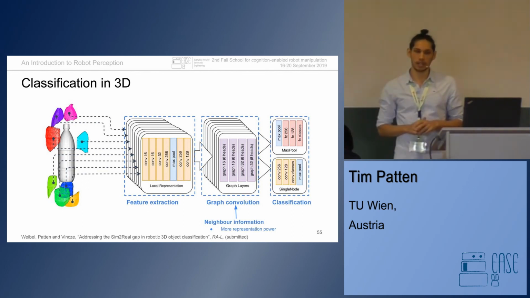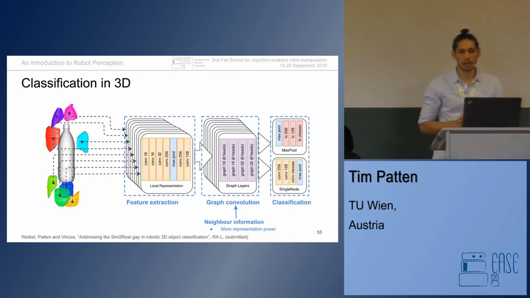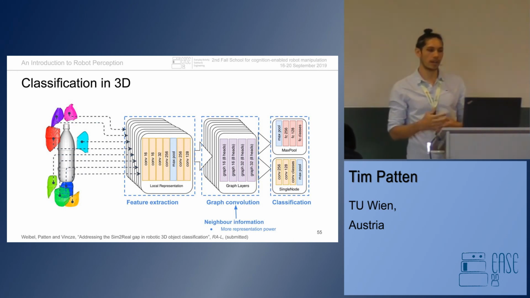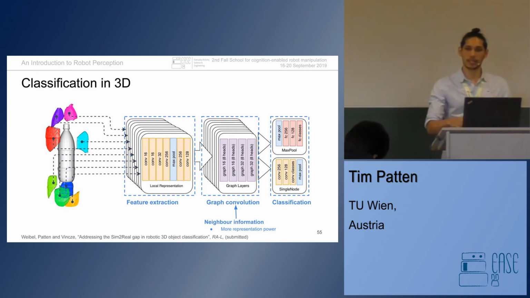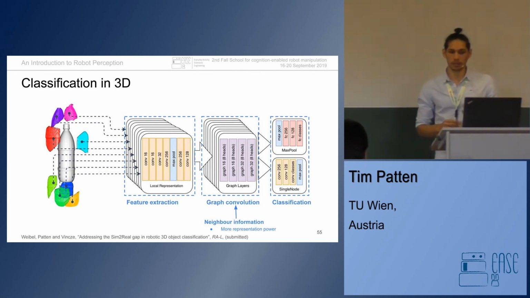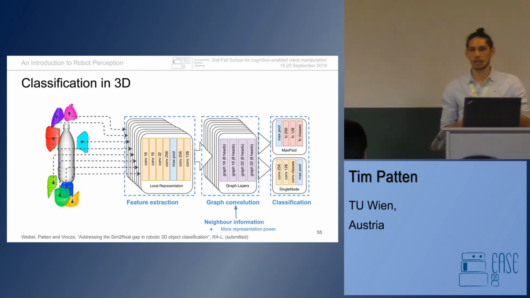It also has this classification stage. But since we have some structure in our information, so we have these parts and parts have neighbors, we do some graph convolution. So we not only learn the features themselves, but we learn the structure of these components in the object. This graph convolution enables us to learn information about neighbors, and this gives the entire architecture even more representation power.